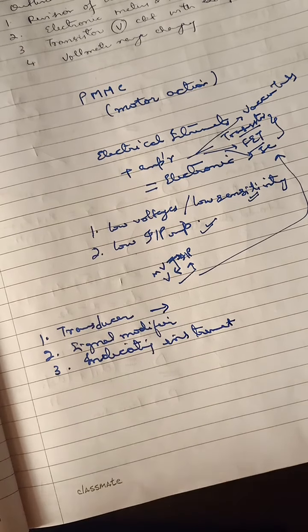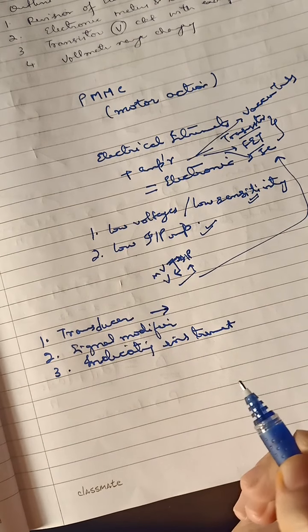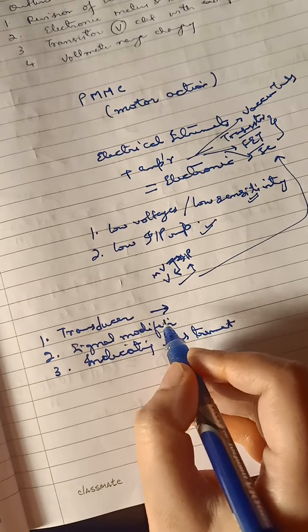Transducer, as we already know, converts energy from one form to another form. This is the first sensing element in the case of an electronic instrument. It may or may not be there.